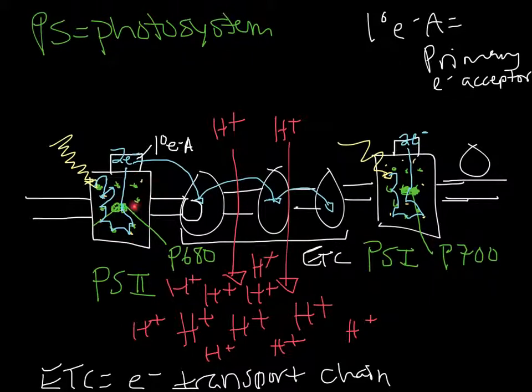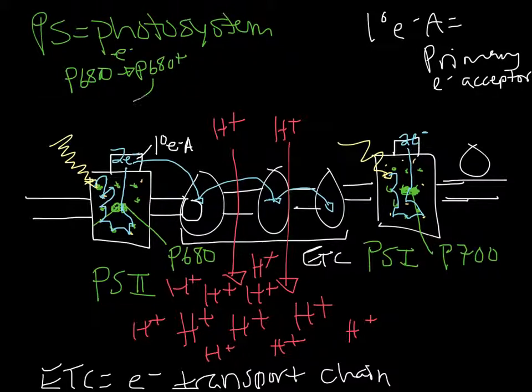So we got rid of an electron from P680. P680 has lost an electron, so it's actually called P680 plus. That's its positive. Same with P700, P700 plus. And that's when it loses the electron.